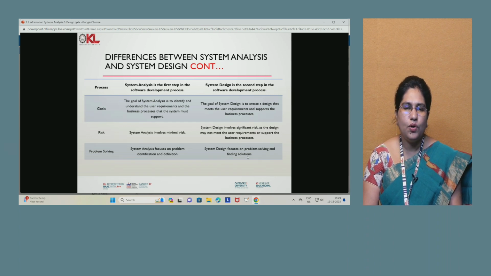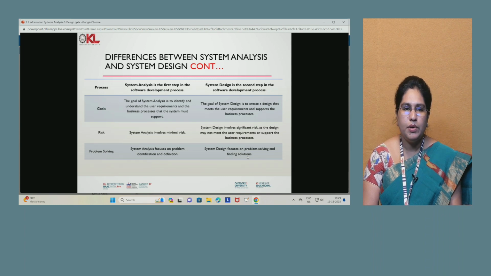What is the risk involved in this, ma'am? It involves minimal risk only. In the analysis phase, we will get only minimal risk, but in the design phase, if the design is not properly done, there will be a significant risk.